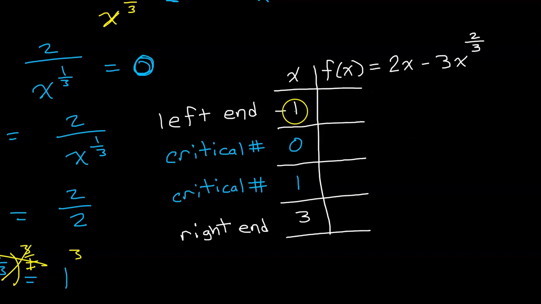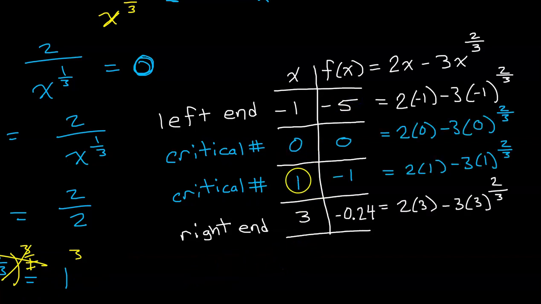So if we evaluate at -1, that's going to be 2 times -1 minus 3 times -1 to the 2/3 power. If you grind that out, it's going to come out to be -5.